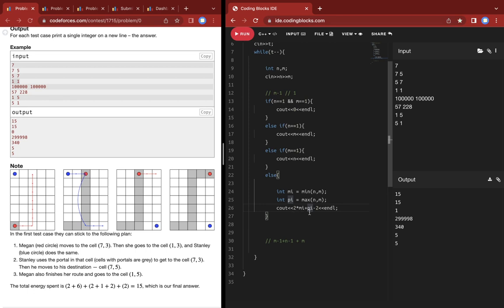So 2 minus 2, 0 minus 2 is not a good thing. But shouldn't we be able to handle it via this?